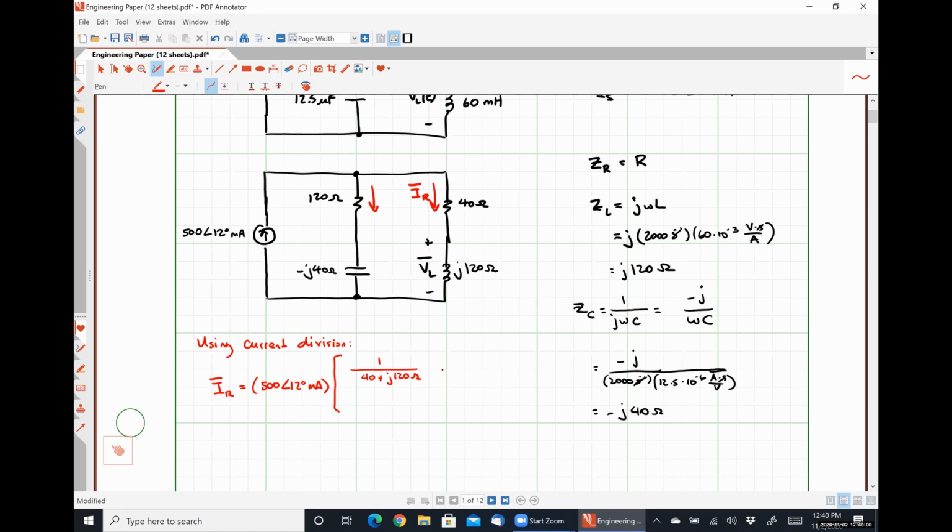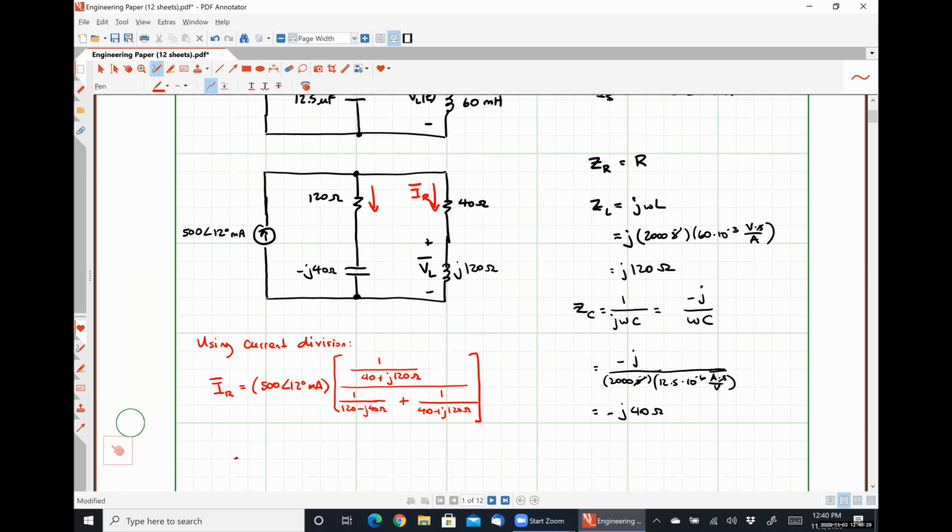That's the total series resistance of the right-hand branch divided by 1 over 120 minus J 40 ohms, the total series resistance of our middle branch, plus 1 over 40 plus J 120 over here.